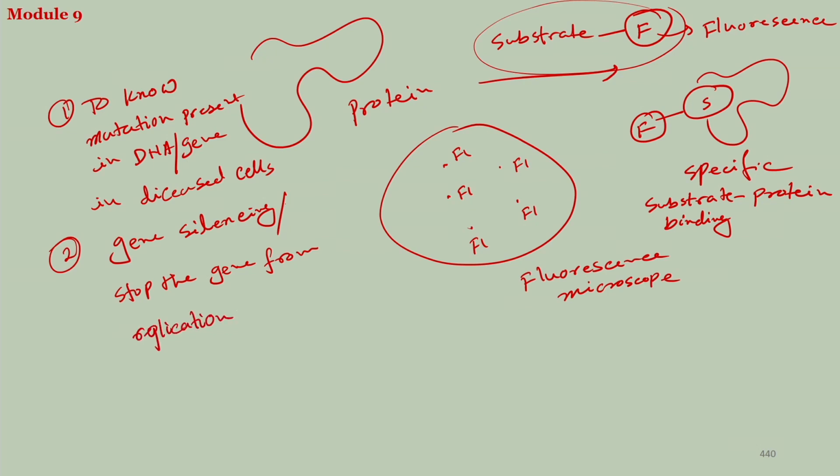So if you can use a molecular probe, a certain molecule that will go and stop the replication of the DNA, then your job is done. So, we can use molecular probes to do these two things. One is of course to see if there are any mutations in the gene, if there is any mismatch, number one, because that is very, very essential to understand the early growth or early presence of tumor cells. Second is, if there is a problem in the gene, whether we can silence the gene.